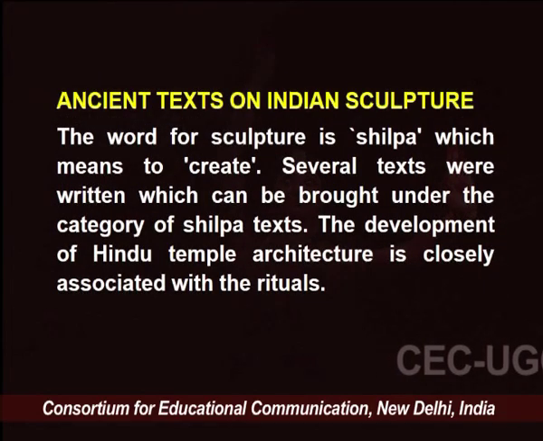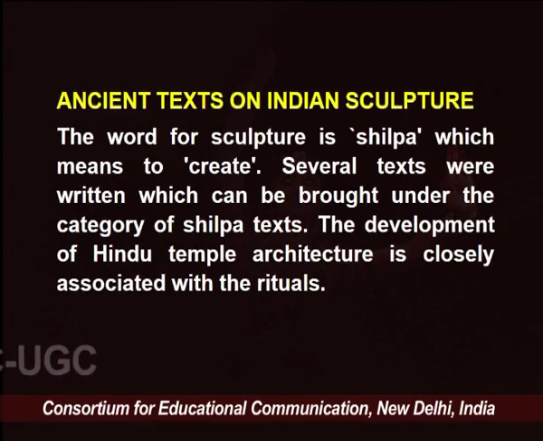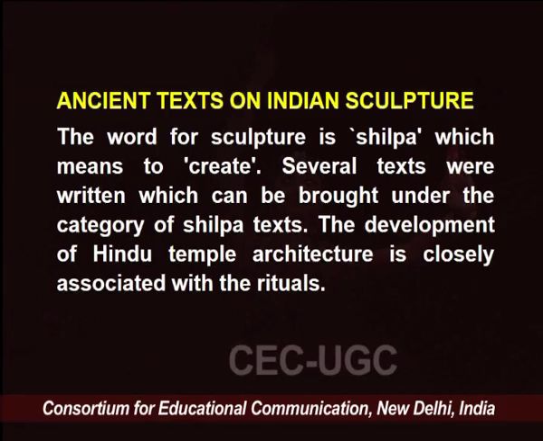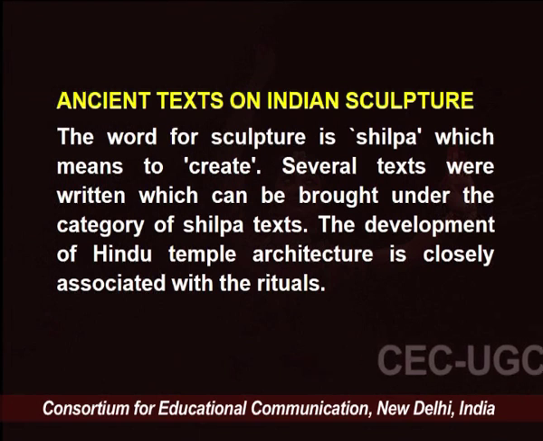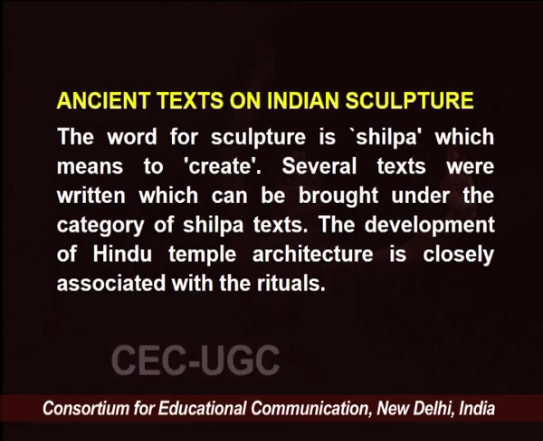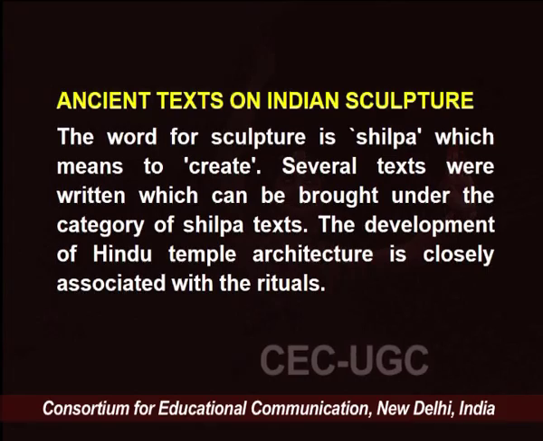Now let's study about the ancient texts on Indian sculpture. The word for sculpture is shilpa, which means to create. Several texts were written which can be brought under the category of shilpa texts.